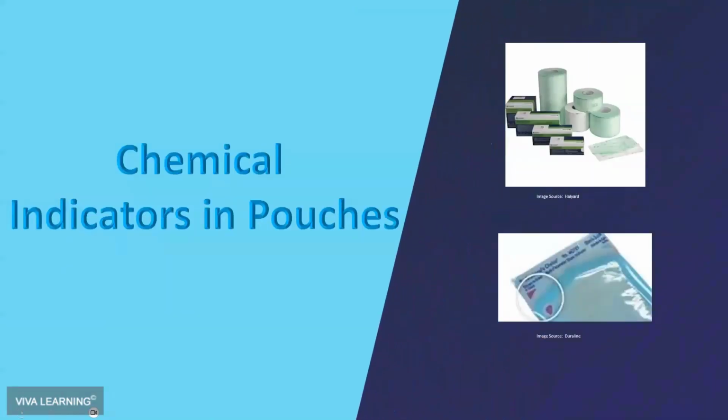So the most common chemical indicators that are used in most practices are the ones that are incorporated into pouches. There are both internal and external chemical indicators on most pouches. You can see in the circle on the picture on the bottom right of the slide, the outside indicator typically is a single parameter, measures temperature change.